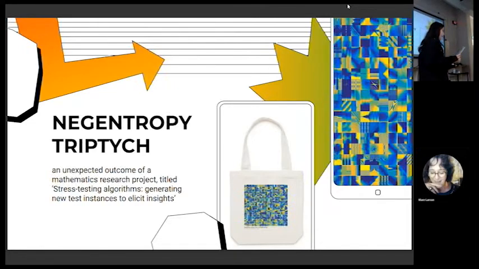Professor Kate Smith-Miles' quest to generate mathematical functions that are challenging and stress test optimization algorithms has led to a large collection of intricate, beautiful 2D images, contour plots of mathematical functions that have been mathematically generated to create challenging landscapes.